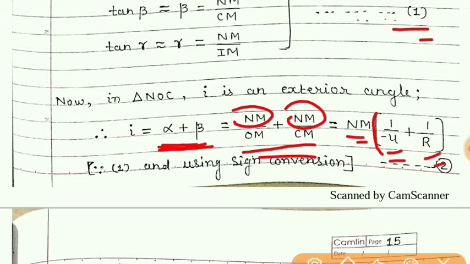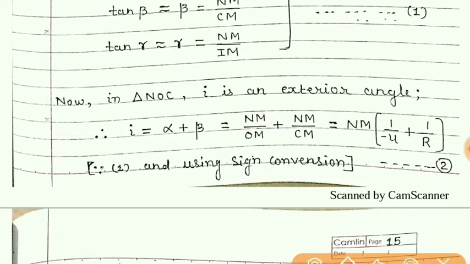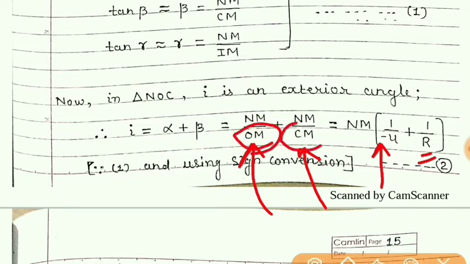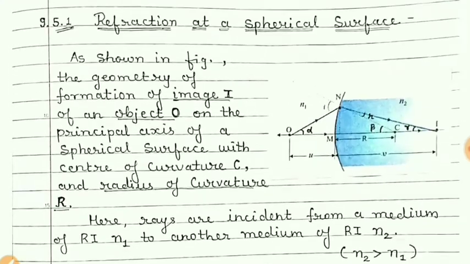It is because this OM is object distance and this CM is nothing but the radius of curvature. Why is this negative? Because according to sign convention, object distance is always taken negative. So once again, look at the figure, OM and CM.